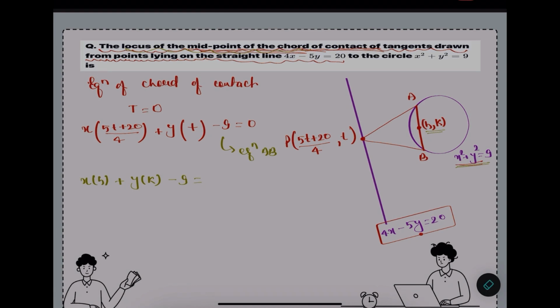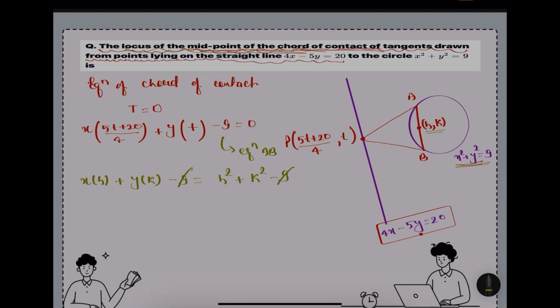Sorry, it was T equals S1. So this is the transformation, and then S1 is what? Point satisfaction. So it is h square plus k square minus 9. I hope till this part you guys are okay.